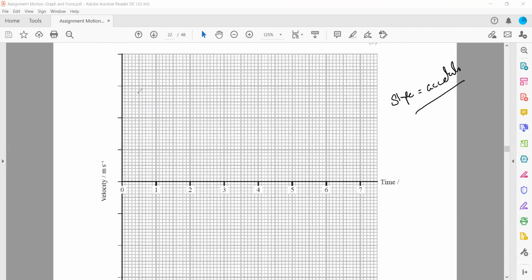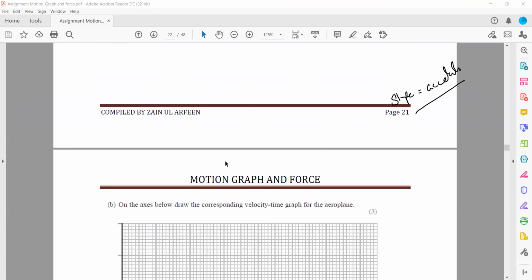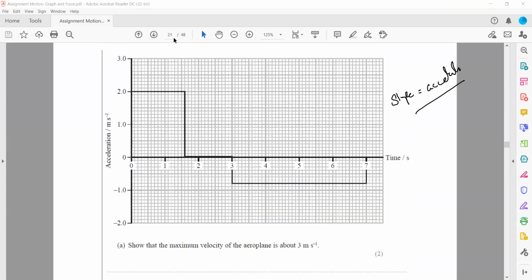So if we divide the acceleration time graph into parts, this is from A to B. The values will be there because you have to calculate the value as well, but I'm not going into the value part. First, I'm predicting and sketching a shape, and then I will work out the values for the velocity.